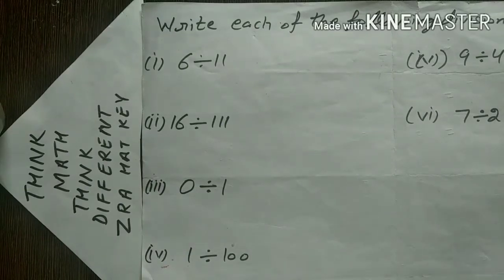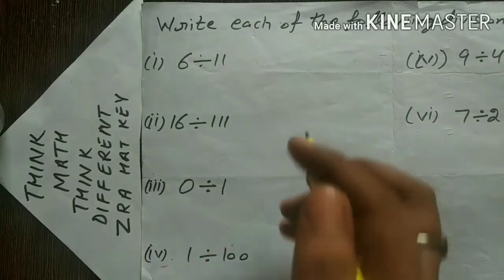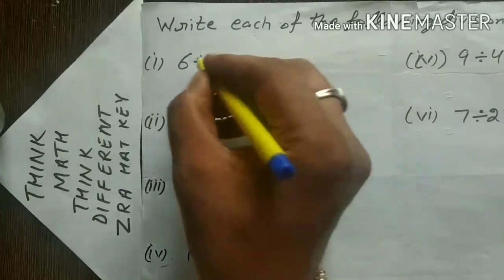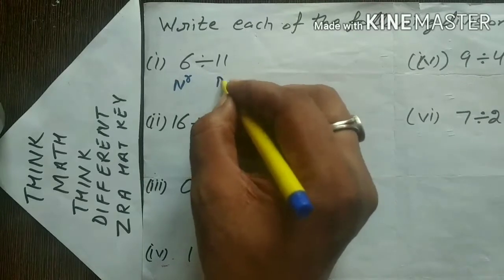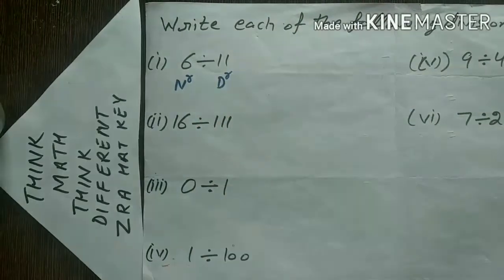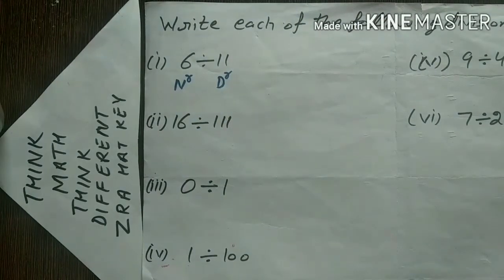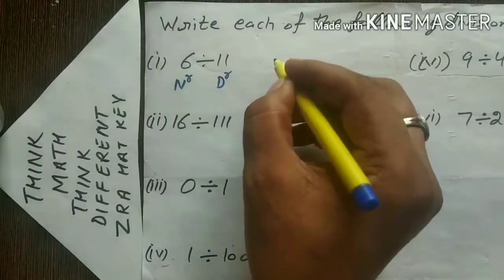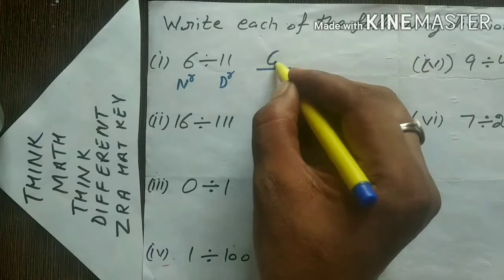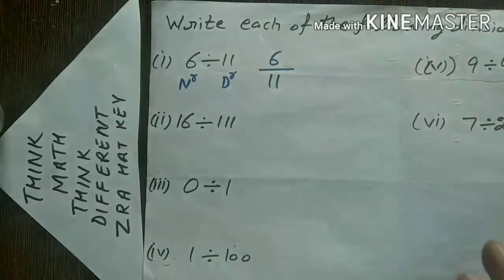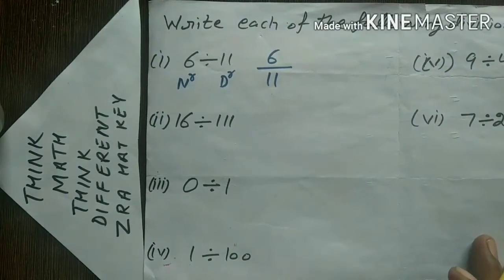6 divided by 11. So the meaning of this is 6 is numerator and 11 is denominator. Now what we will have to write in the fractional form: this is the division bar and there is 6 and this is 11. In this way we will solve this question.